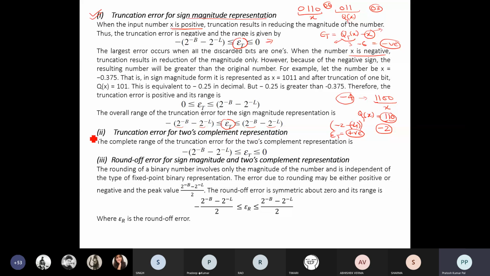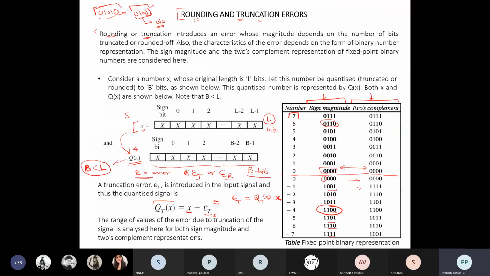Similarly, we will see the truncation error in case of 2's complement representation. In 2's complement representation, the truncation error always comes out to be a negative value, whether we take a positive or a negative value. Suppose this is a 2's complement number.